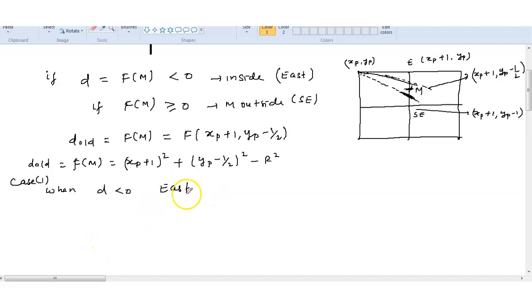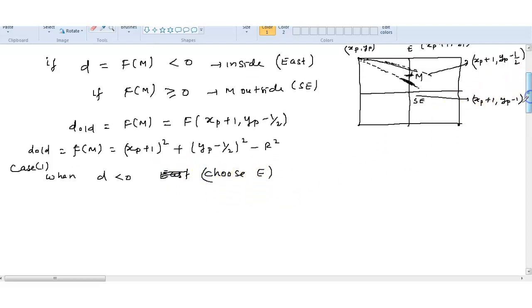Here we can write: choose the east coordinate, and for the east coordinate we can find the new update of d new, as we discussed before.